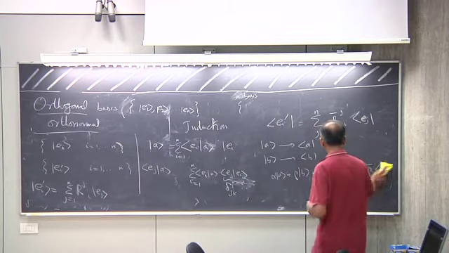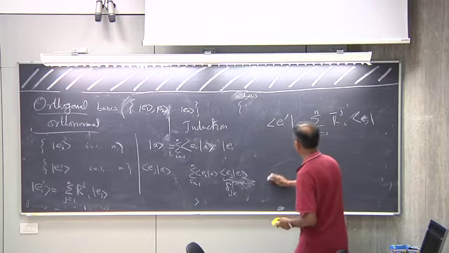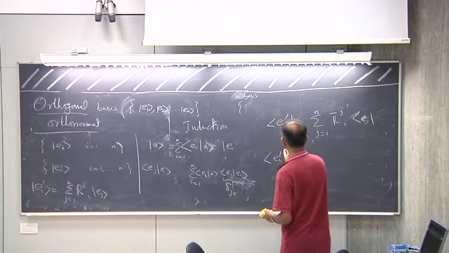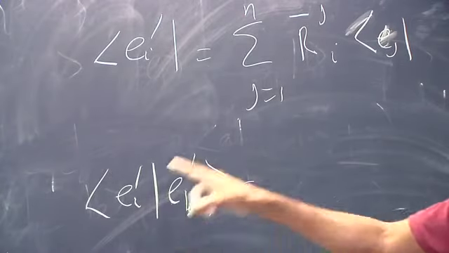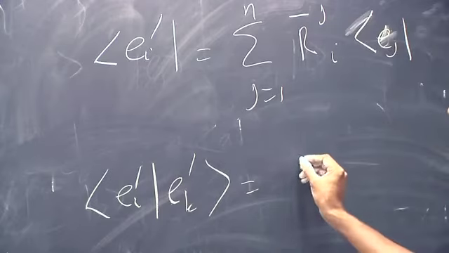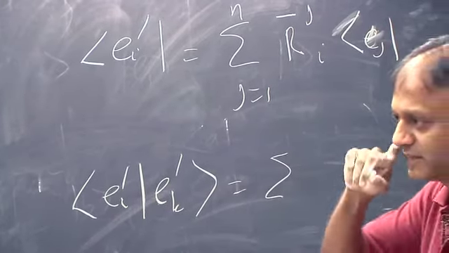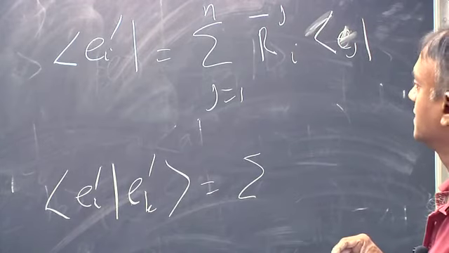Okay. So now let's just take ei prime with ek prime, the scalar product. So what do we get here?